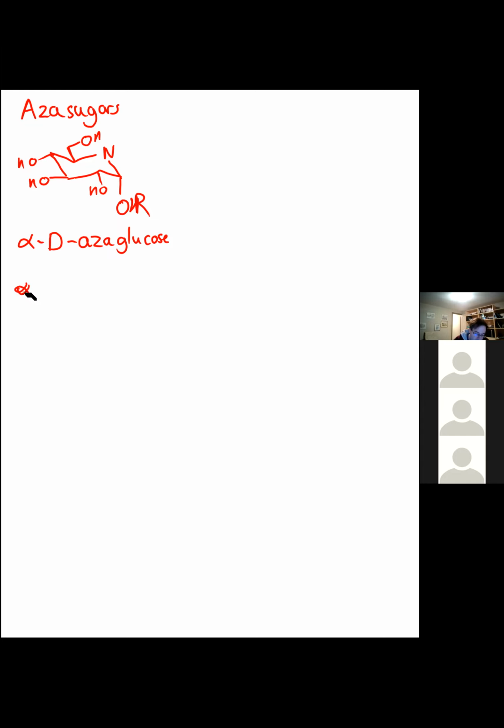So again, it's alpha because anomerically that's down. I guess glucoside. I didn't say what the R is. We could call it alpha-D-5-deoxy-5-amino-glucose.